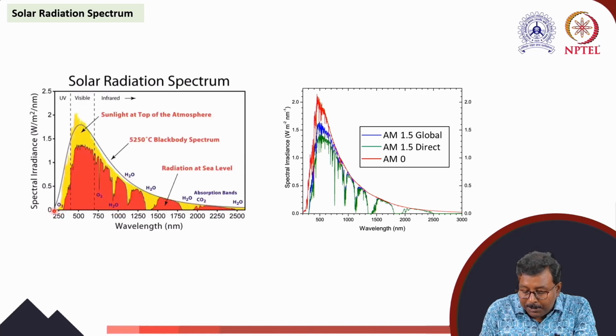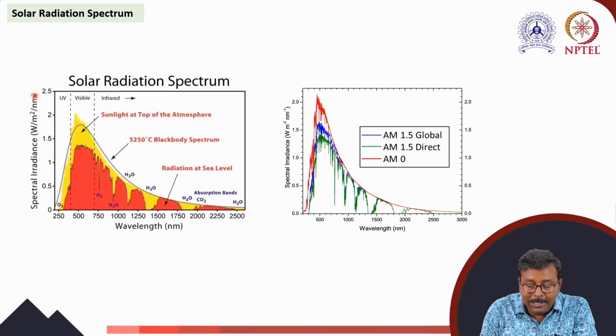And below the visible, in wavelength scale, below. In energy scale it is above, in wavelength scale it is below the visible. This is UV, ultraviolet. So this is the spectral irradiance. Spectral irradiance is plotted along the y-axis, and this is nothing but watt per meter square per nanometer.